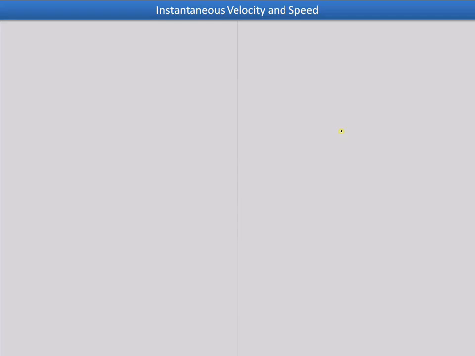limit. So for instantaneous velocity, we're going to again have a vector like we did before. So the velocity is going to be a limit as the interval of time shrinks down to an instant. That's what makes it the instantaneous velocity. So we'll take the displacement over a very, very short period of time.